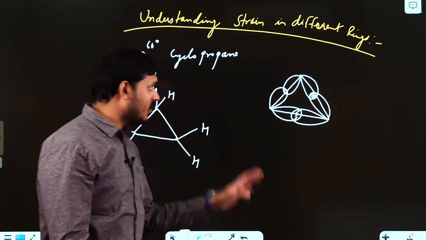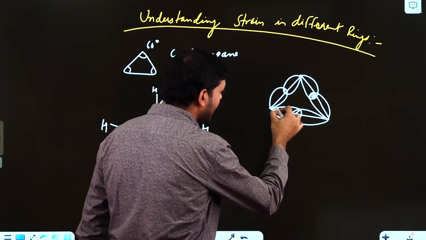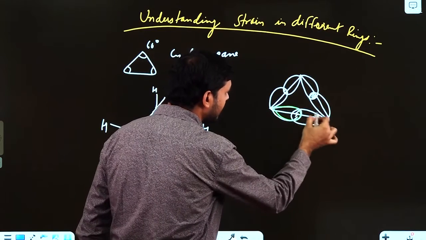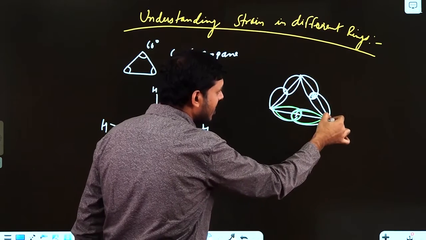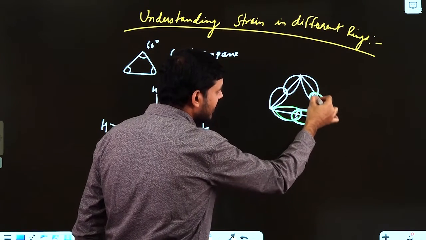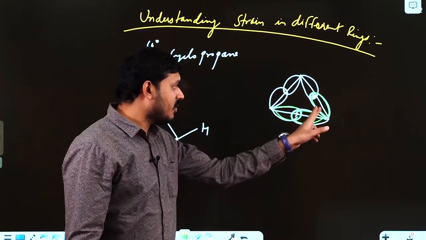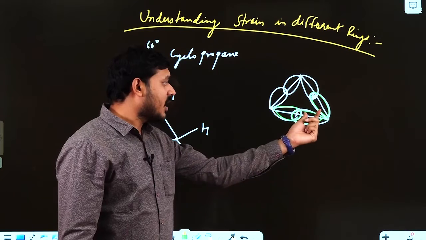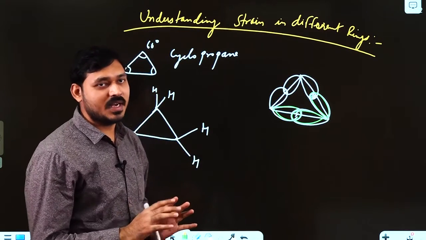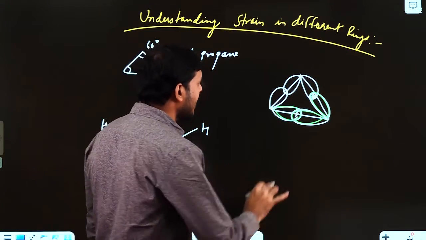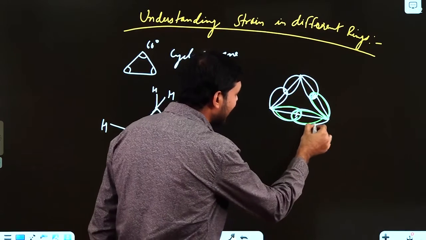If overlapping occurred straight through this part, then these orbitals, which have electrons, would be very close to each other, so there would be a very high amount of repulsion and strain, okay? So in reality it never overlaps in this way, actually it is slightly bent.